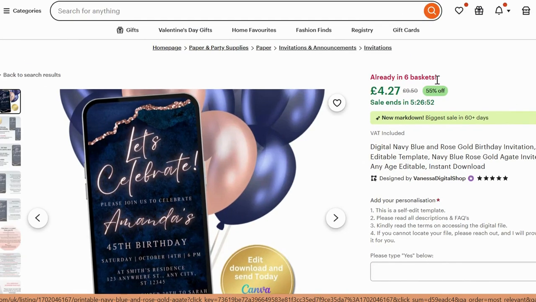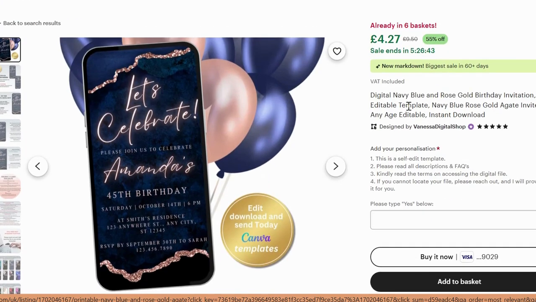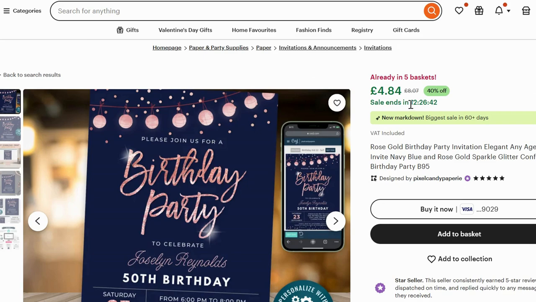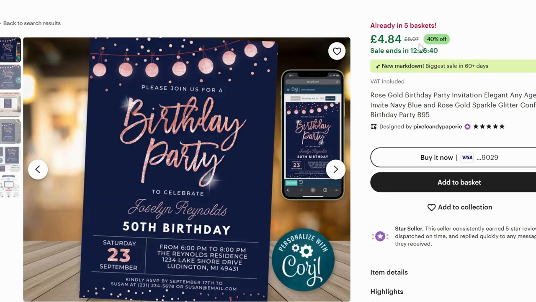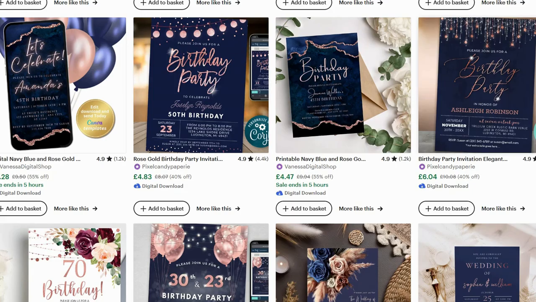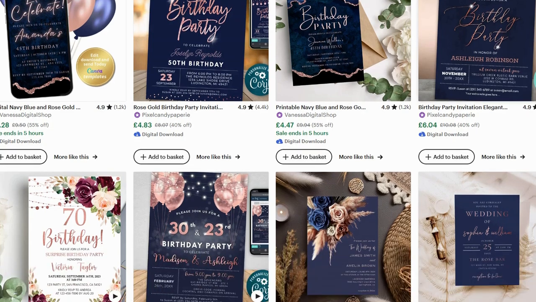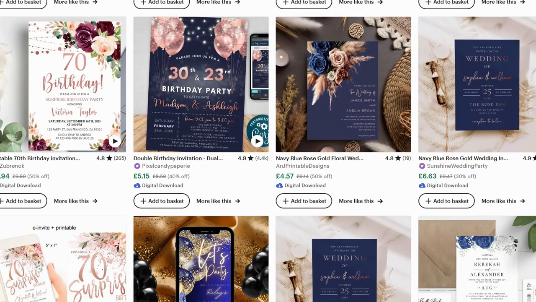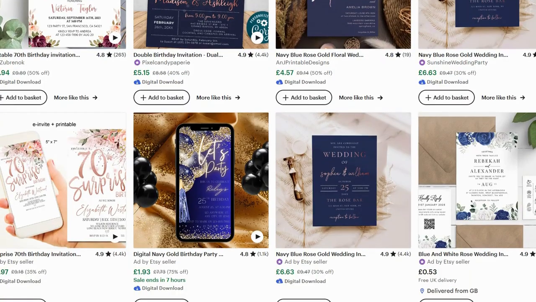And already in 6 baskets means that maybe this particular product has only been put up recently, and Etsy is telling us it is already in 6 baskets and it is quite a new listing. Again, already in 5 baskets. So these are all the clues that I like to look for. As you can see, you can really go down the rabbit hole with this, but this is how you uncover those lesser known, high demand, but low competition niches.